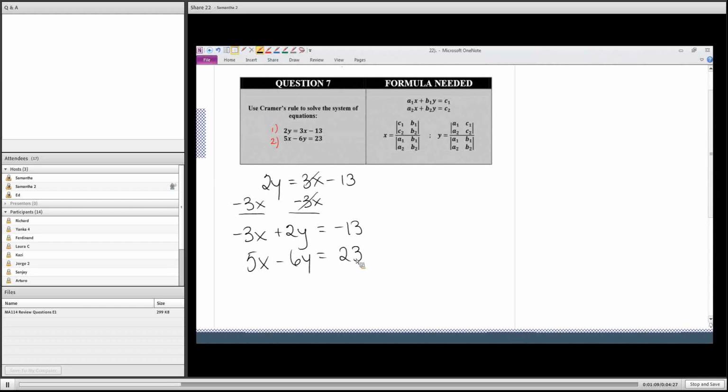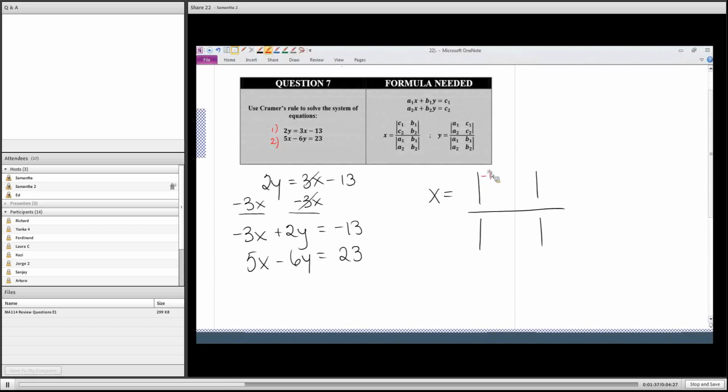And I'm just going to put equation 2 underneath it. And now we're going to set up x, and we want to solve for x, so let's set up the matrix and find its determinant. So let's find x. And again, we're finding x, so you want to replace your coefficients for x with your constants negative 13 and 23.